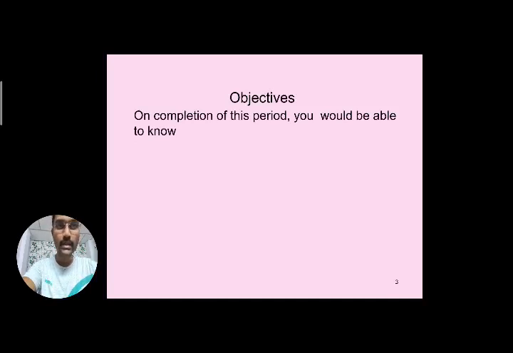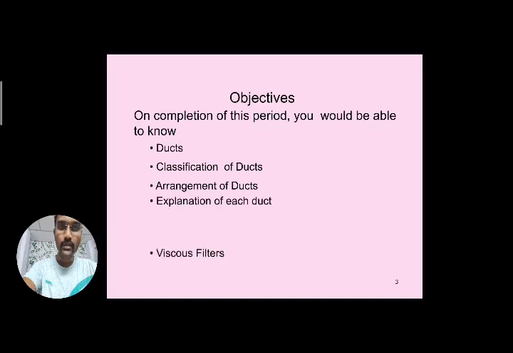Coming to our objectives for today's class, after completion you should understand what a duct is and what the use of a duct is. We will see the classifications of the ducts, how the arrangement of the ducts takes place, and an explanation of ducts.